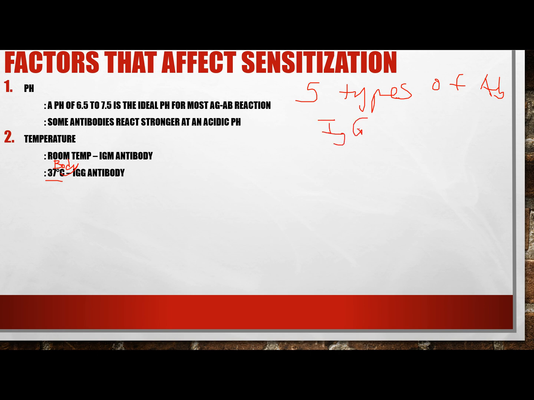IgG. Take note of the nomenclature, class. It's always a capital I followed by a small g. The capital I, small g here stands for immunoglobulin. That's the shortcut for immunoglobulin.